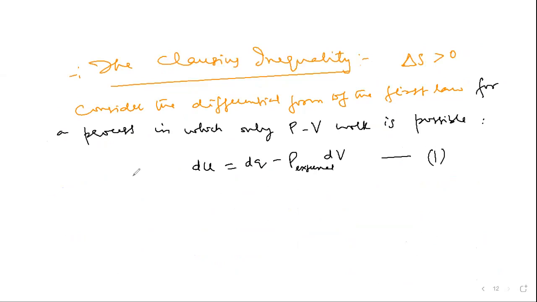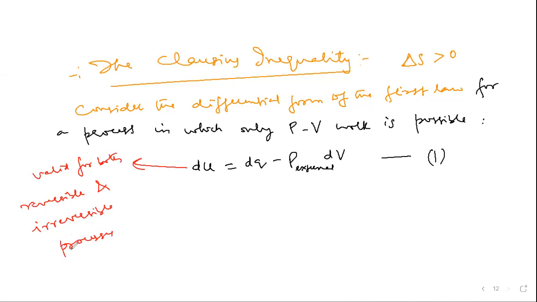This equation 1 is valid for both reversible and irreversible processes, right? Because we are writing pressure as P external and we are not specifying dq.